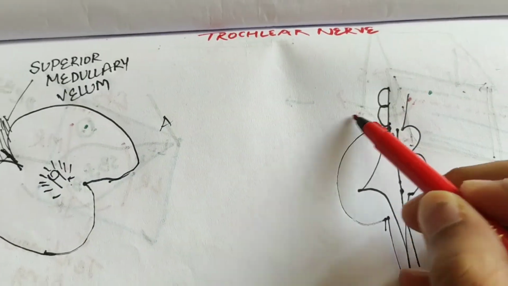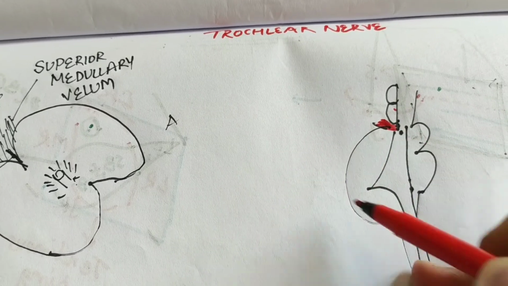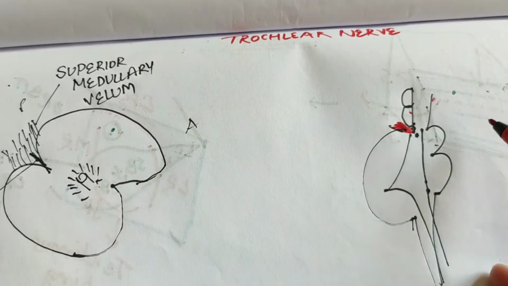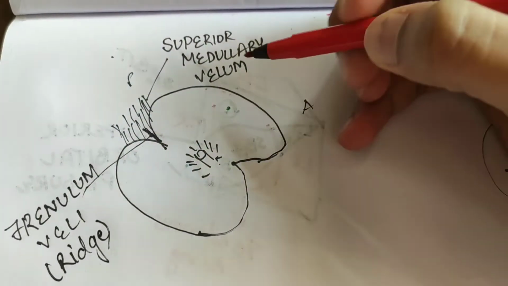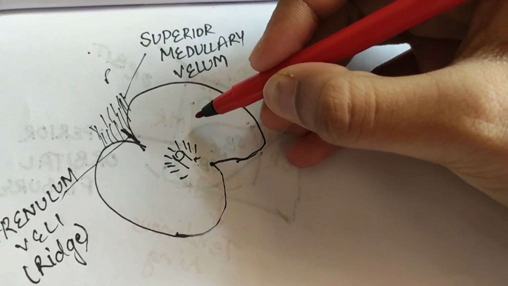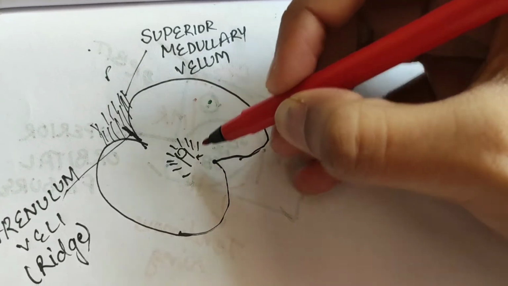This is the inferior colliculus level, and here it's the cerebellum. Above it is the superior medullary velum. This is the white band. So the fourth cranial nerve nucleus is lateral to this.